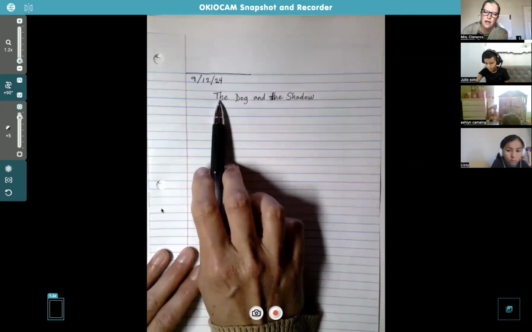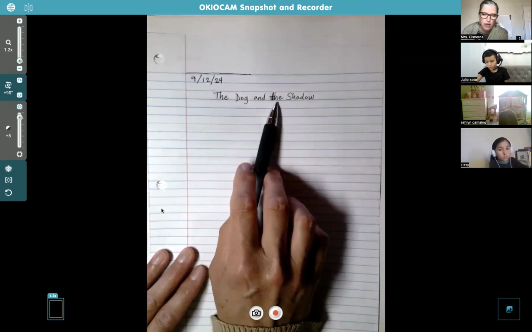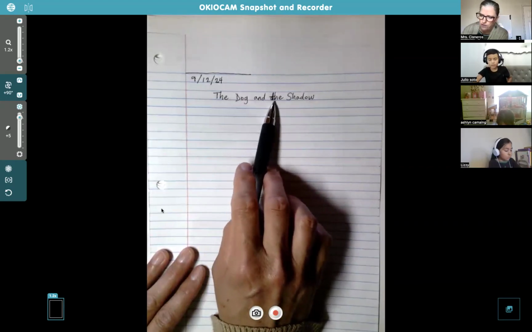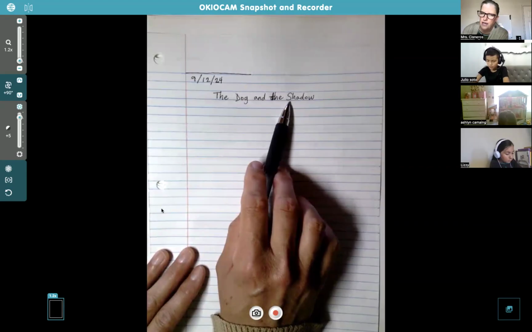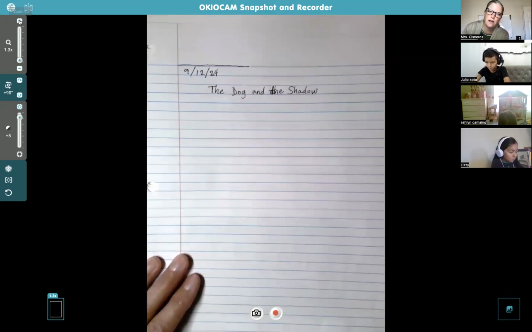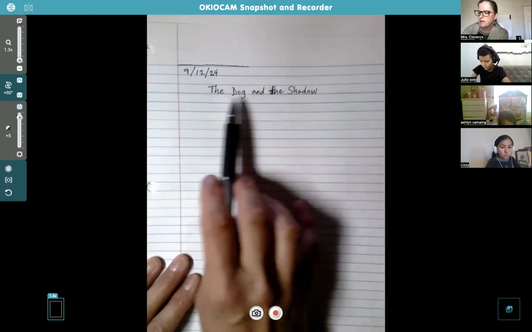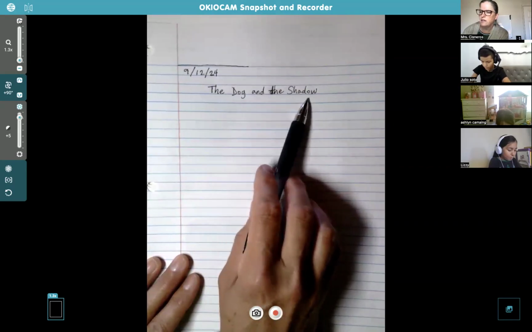Notice the word The has a capital T, Dog has a capital D, and the and the are lowercase, and then Shadow has a capital S. That's because it's a title, and we're going to talk about this a lot more as we go. But just copy it exactly like that, The Dog and the Shadow.